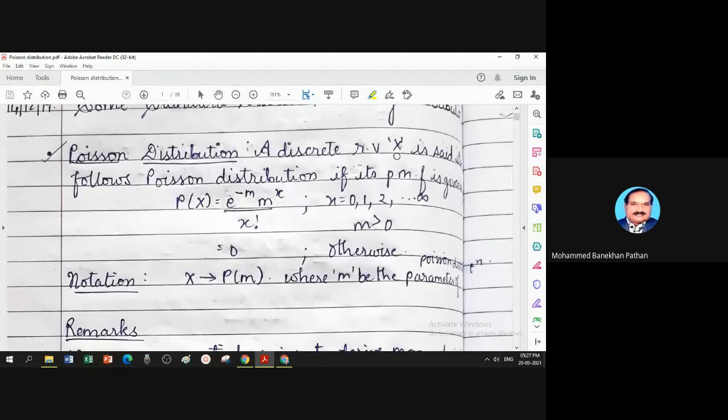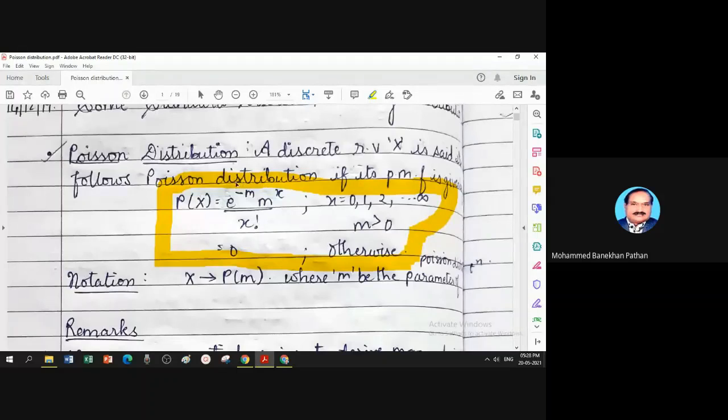A discrete random variable x is said to follow Poisson distribution if its PMF, probability mass function, is given by, you have a formula for Poisson distribution that is to be remembered perfectly like this: P(x) equal, this should be small x, because we define P for probability at particular value of x, equal e raised to minus m, m raised to small x, divided by factorial x.